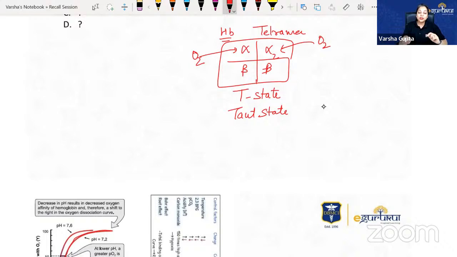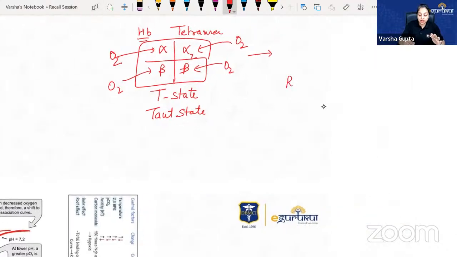Then the beta will think, okay, if you two are accommodating, let me make my conformational changes. Then more oxygen, more oxygen. So that is cooperativity among these four friends. And now this taut state is changed to the R state. That is a relaxed state.